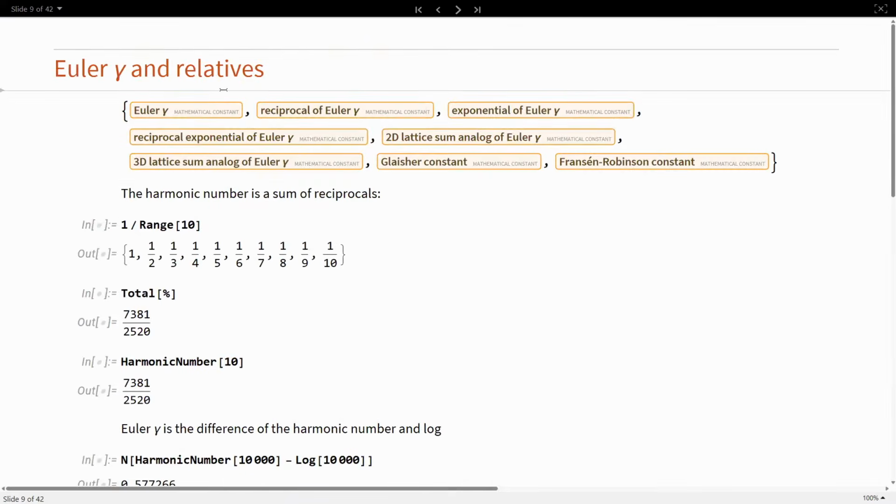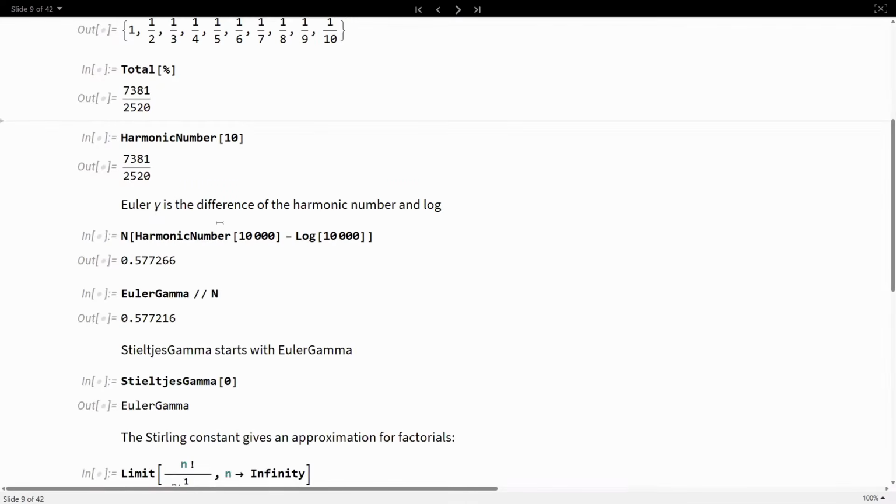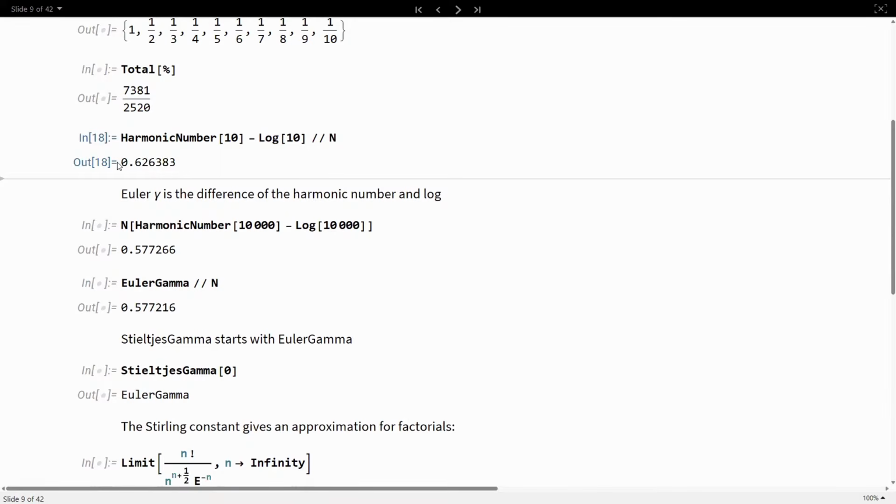Another constant is the Euler gamma constant. So if we take the harmonic series and add up all values, such as 1 plus a half and so on, we get this total, which is the 10th harmonic number. If we subtract log 10 from this, we get this value.